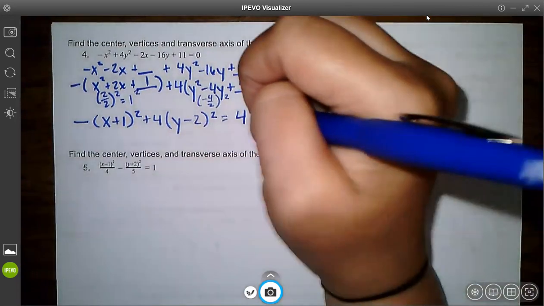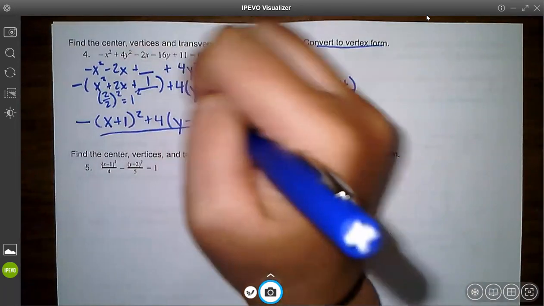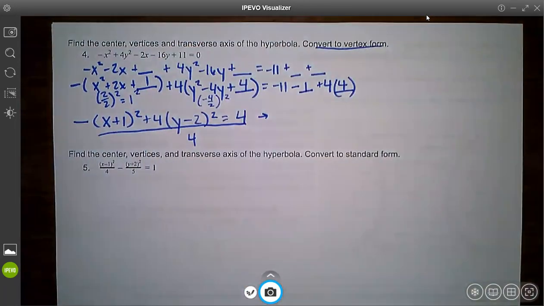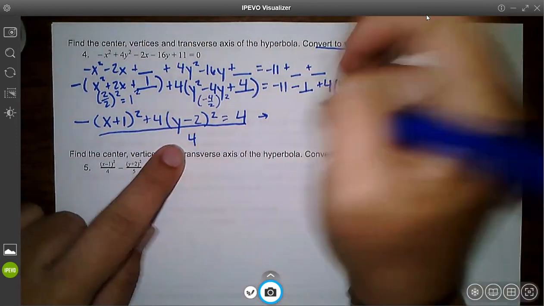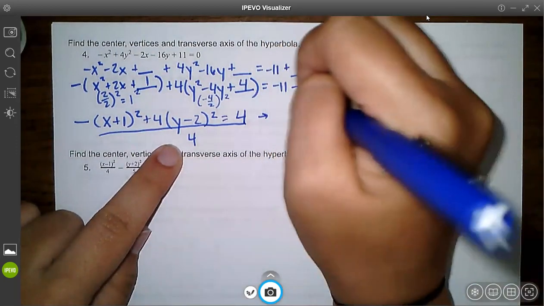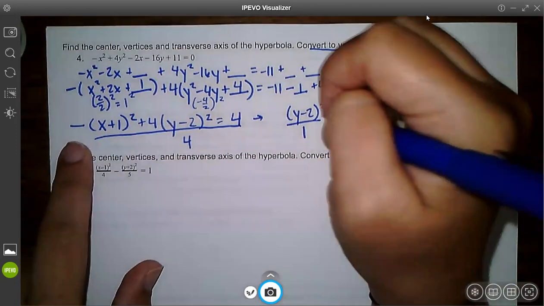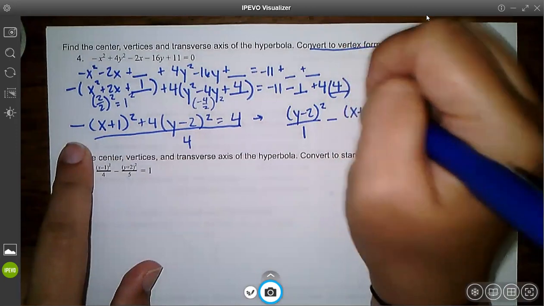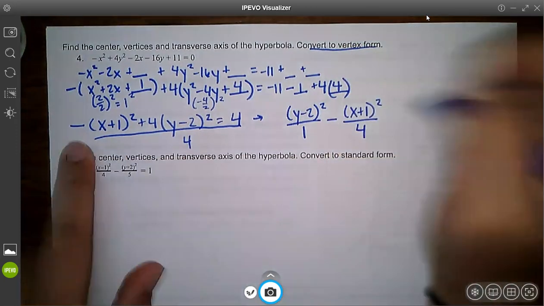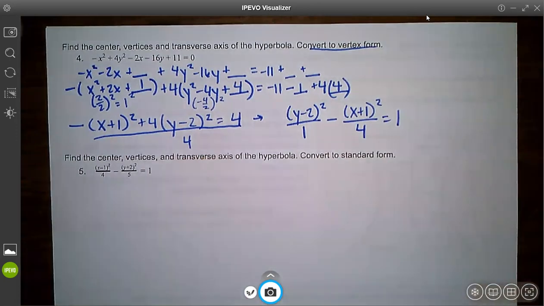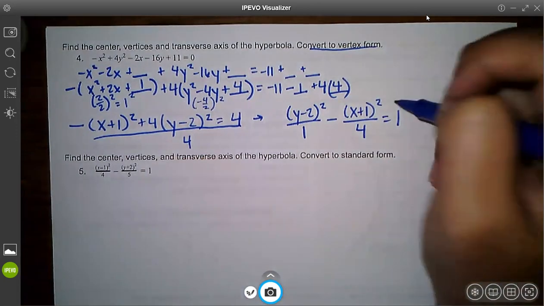I need it to say equals 1, so I'm going to divide the whole thing by 4, and I'm going to reorganize so that my positive 1 comes first. So 4 divided by 4 is 1, so I have y minus 2 squared over 1, and then I have minus x plus 1 squared over 4 equals 1. That's my vertex form.